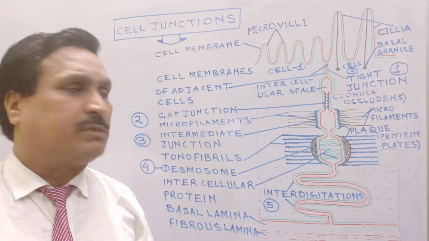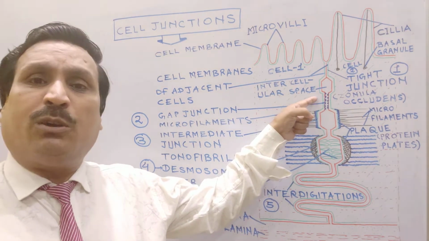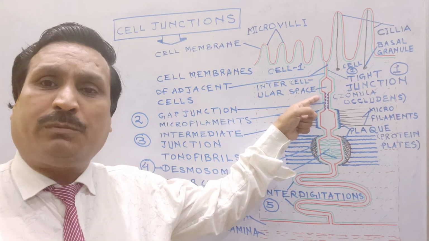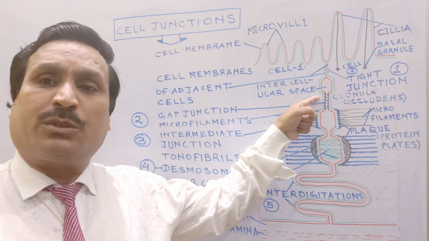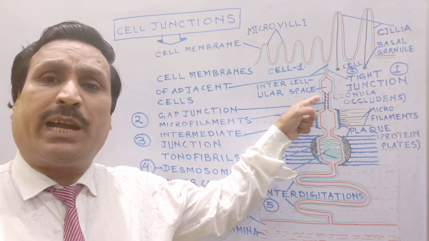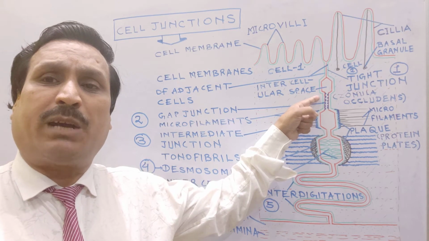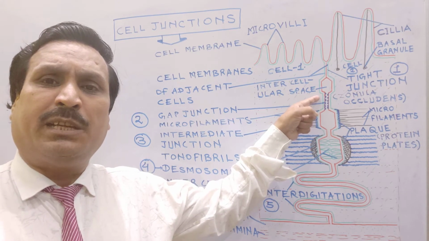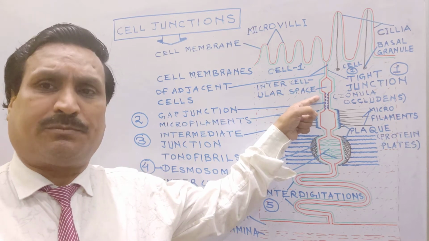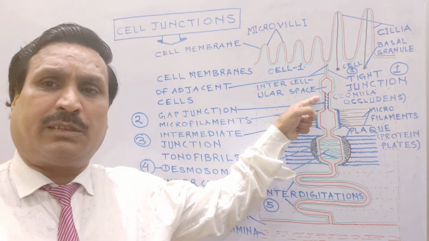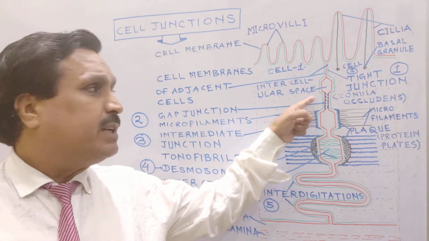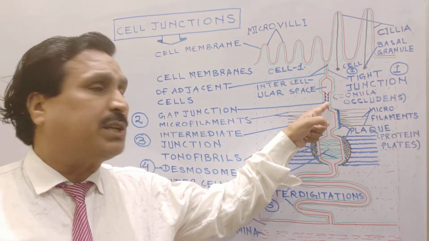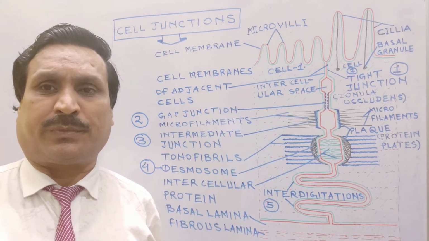Gap junction is especially for intercellular communication. Gap junction allows passage of electrovalent ions, sodium ion, chloride ion, calcium ion, magnesium ion, and different types of ions and tiny molecules, sometimes large molecules also.